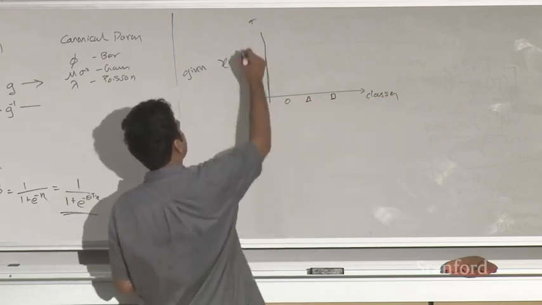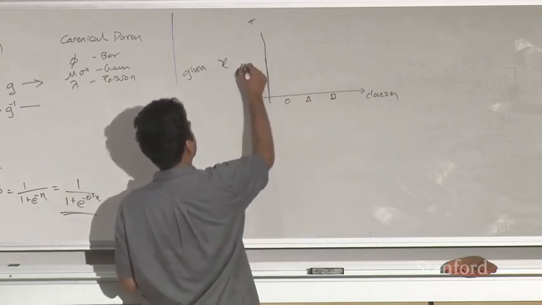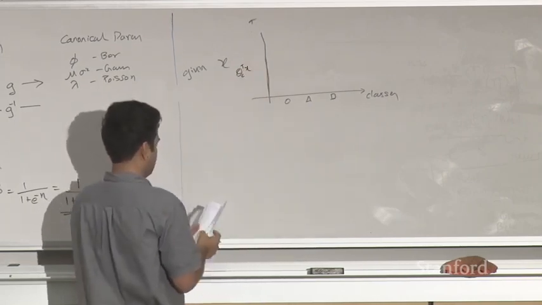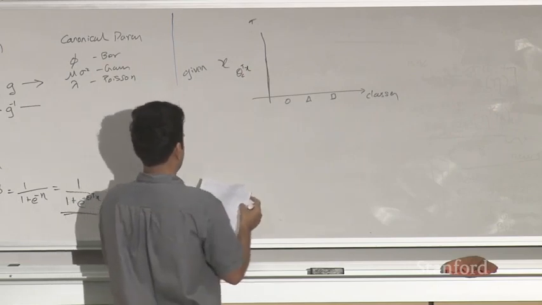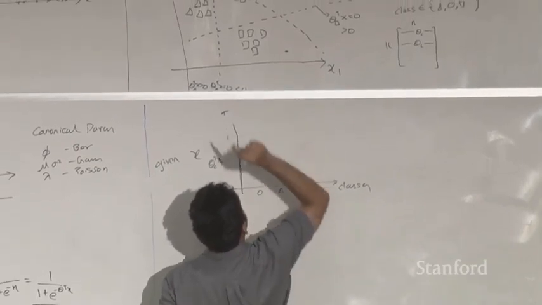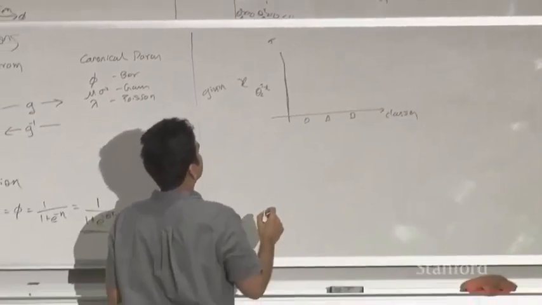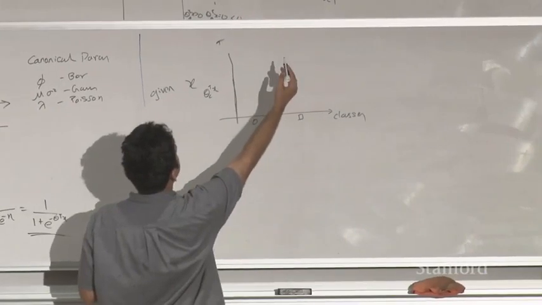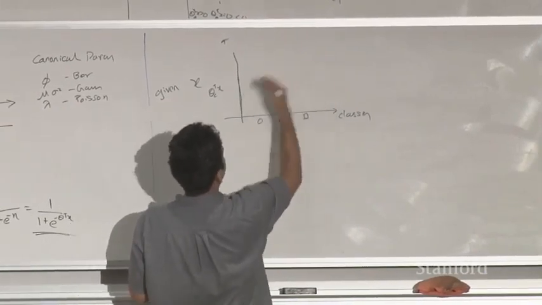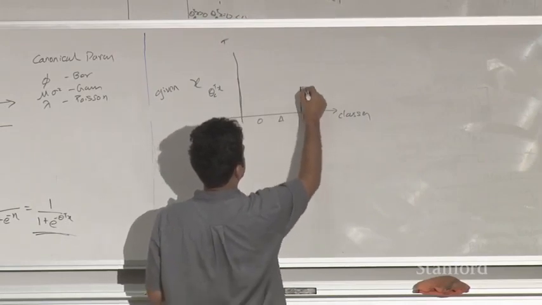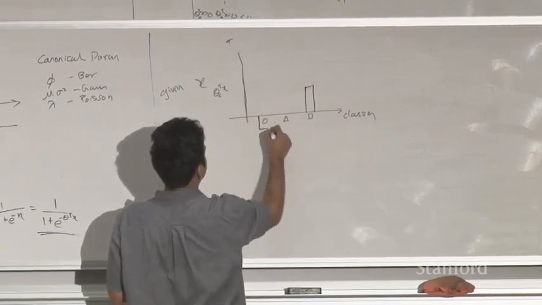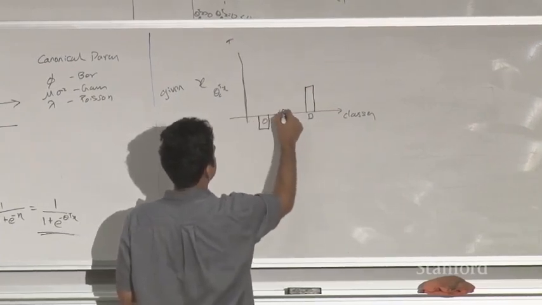Over here we plot theta class transpose x. So we may get something that looks like this. Let's say for a new point x over here, we would have theta square transpose x to be positive, and maybe for the others we may have some negative values.